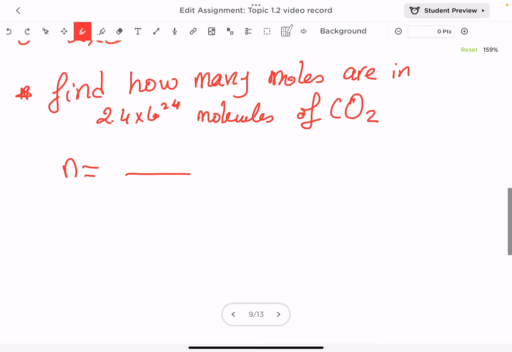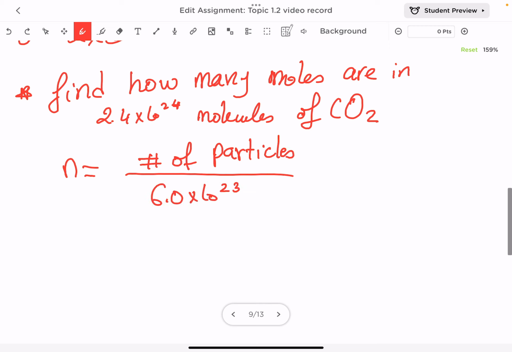So again, we use this formula. Number of particles divided by Avogadro's number. And in this case, we need to find the number of moles. So I'm going to substitute this number of molecules.